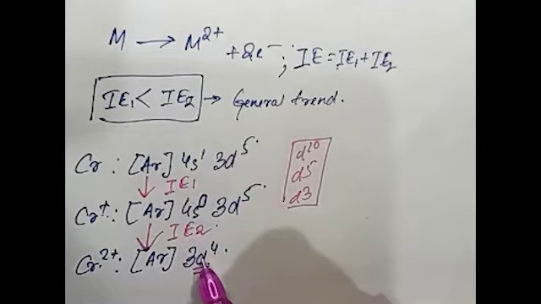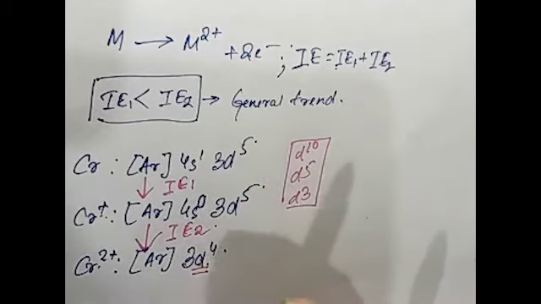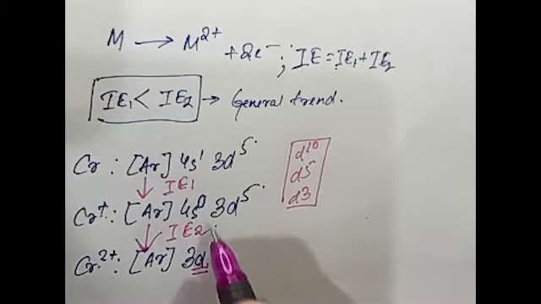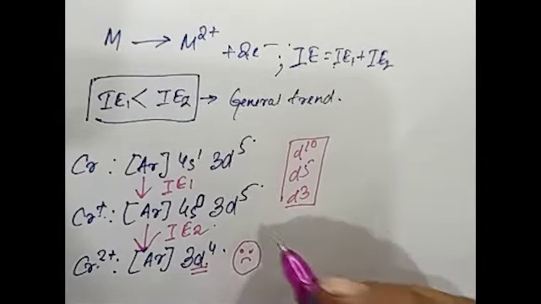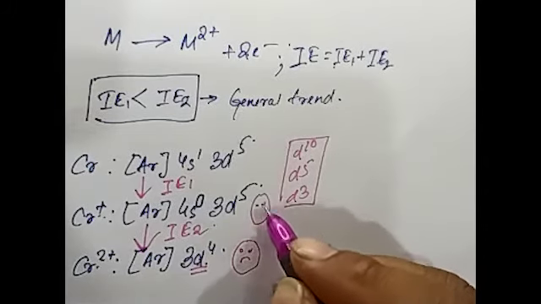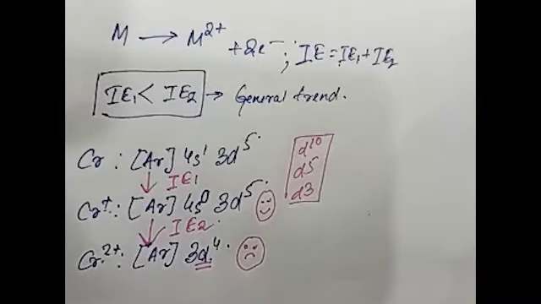Therefore, normally D4 is not wanted. The element would again and again like to become D5, not D4. So since it does not want to become 3D4, the element is very upset right now with this configuration. It was happy when it was having 3d5. Now it is sad because it does not like this configuration.